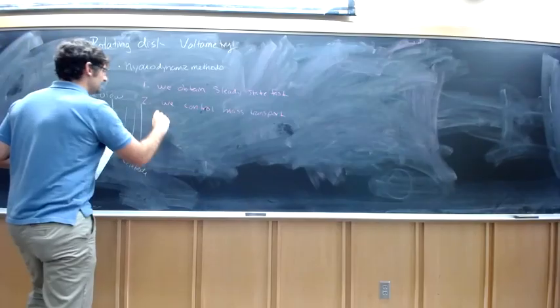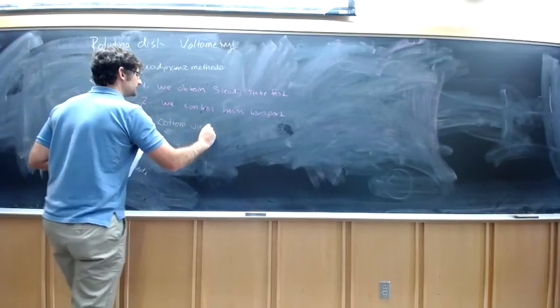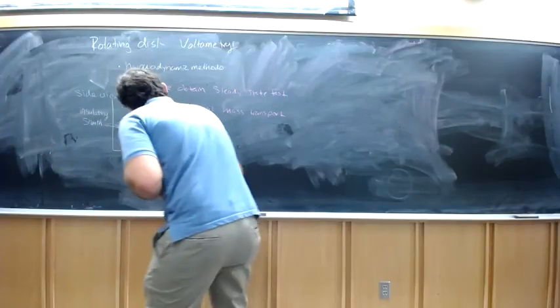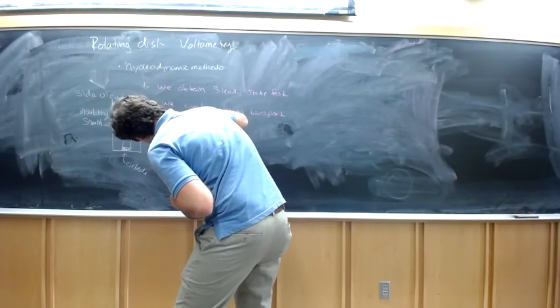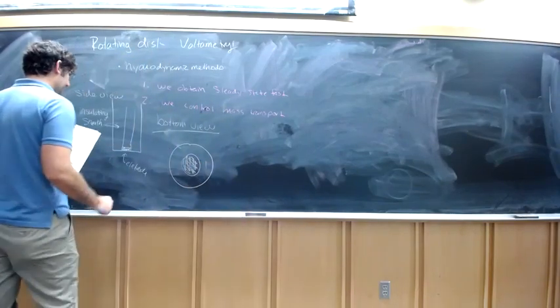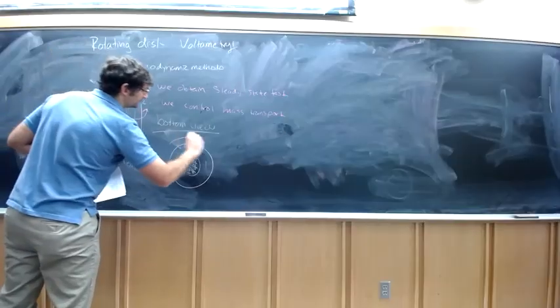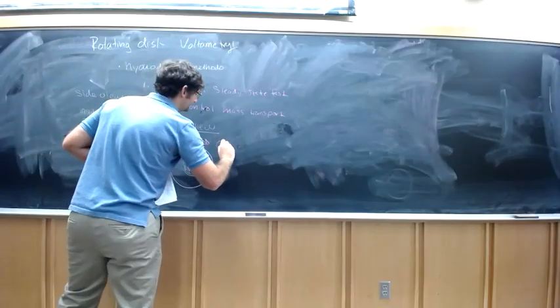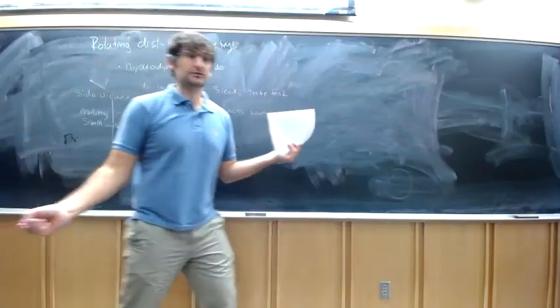If I did a bottom view, then it would just look like a circle with my electrode in the bottom, okay? And then what I'm going to do is rotate this shaft around this axis here. So we rotate. Rotating disk electrode. Pretty simple.